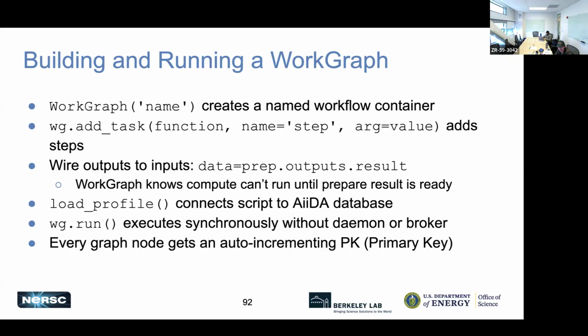In the storage of information by AiiDA, every node in the record graph has this primary key, and it's a human readable number, and it auto increments when that node gets a new piece of information. So every time you have a new pipeline that runs through a run of analyze or generate or whatever, it's going to get a new primary key to uniquely represent that additional time it was run.